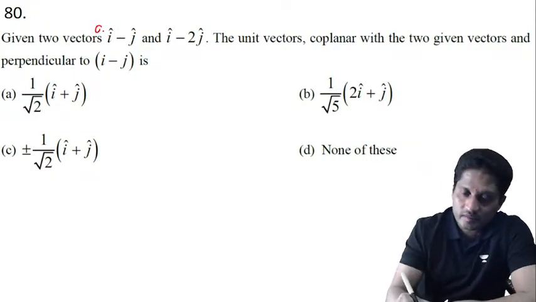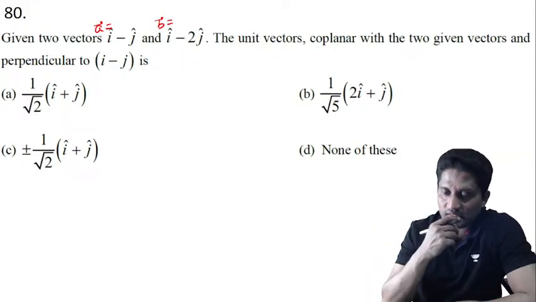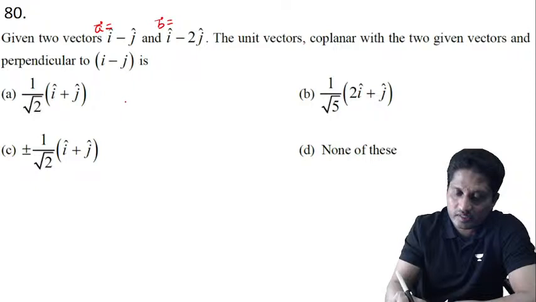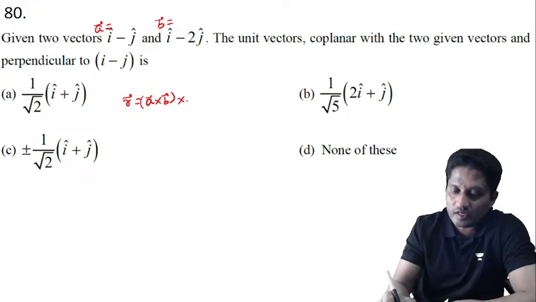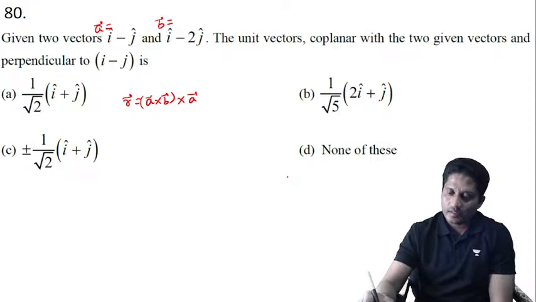This is A, this is B. I should find a unit vector coplanar with the given vectors, that is A cross B, and perpendicular to C. So this will be A cross B and perpendicular to again I plus j, perpendicular to A. So this is A cross B cross A. A cross B will be a determinant. You get components of I, j, k.